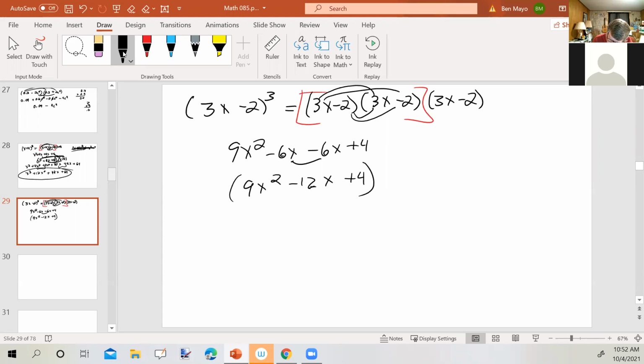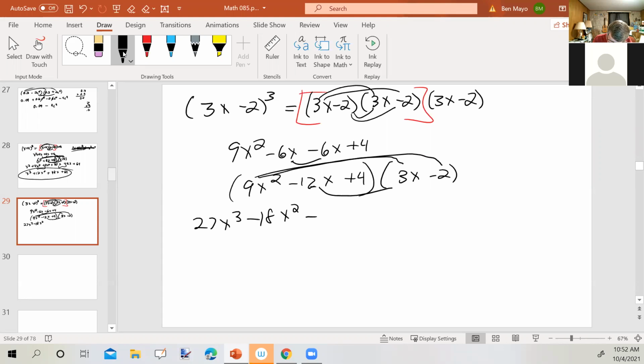Then we're going to take the results times 3x minus 2. So we get 27x cubed minus 18x squared minus 36x squared plus 24x plus 12x minus 8.